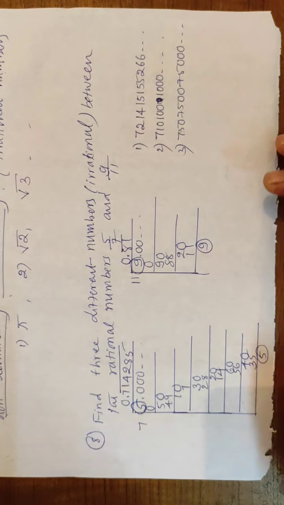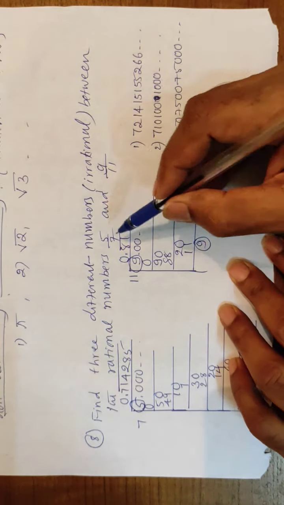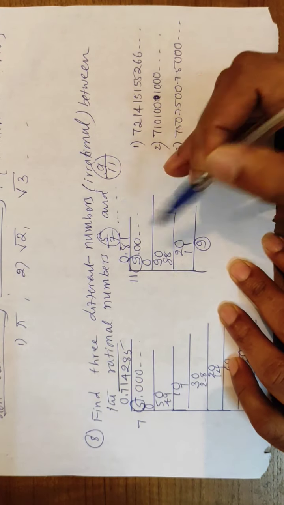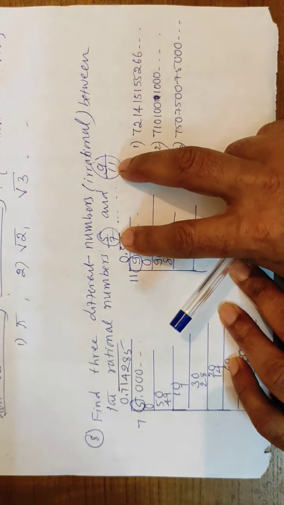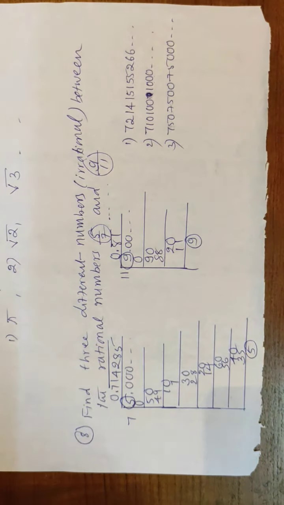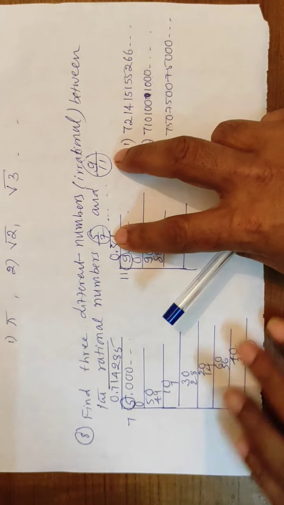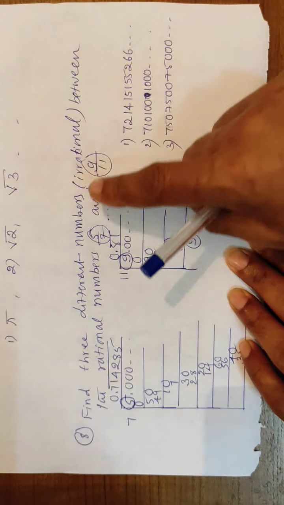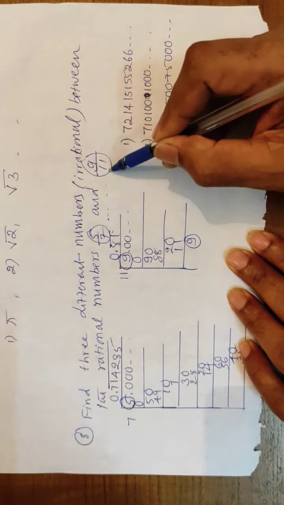In the 8th question, 2 rational numbers are given and you are asked to write 3 different irrational numbers between these 2.